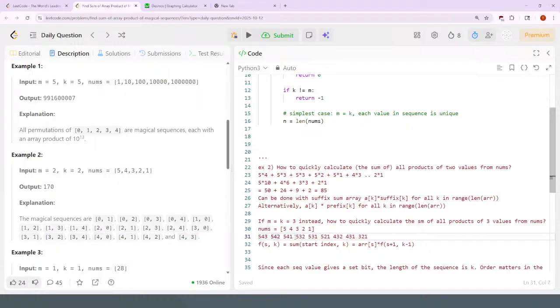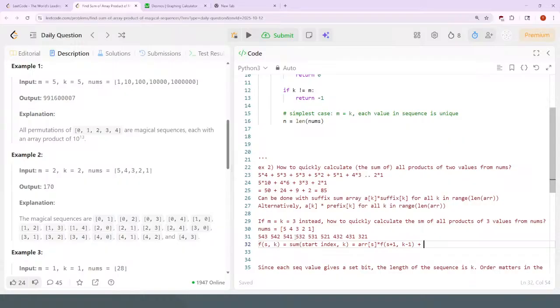And 4 3, 4 2, 4 1, 3 2, 3 1, 2 1 is the sum of the products for f of s plus 1, k minus 1. Move down one digit and decrease the number of things in your sequence.